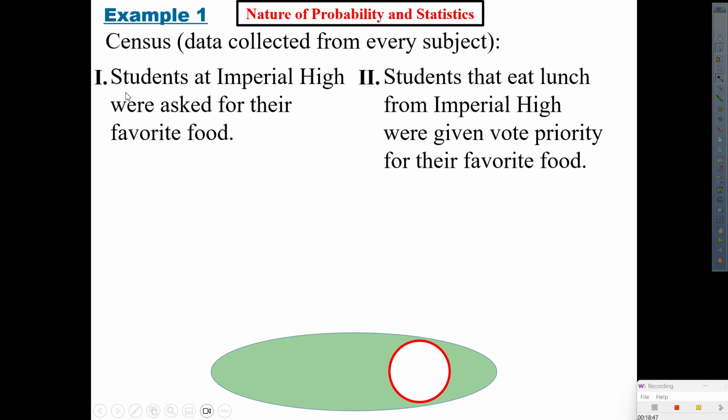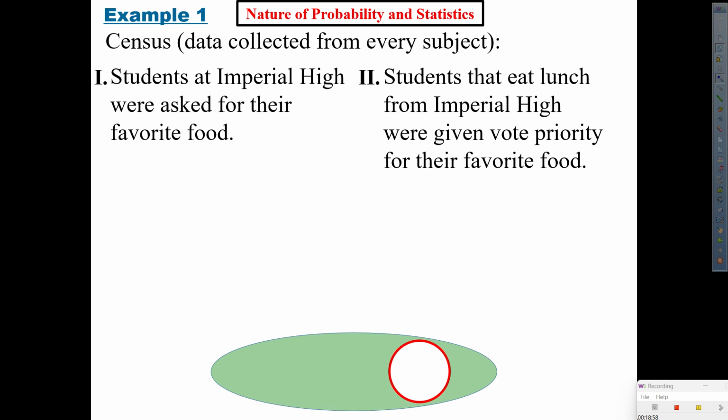Number one, students at Imperial High were asked for their favorite food. Situation number two, students that eat lunch from Imperial High were given vote priority of their favorite food. Think about it. Which one is population and which one is sample?